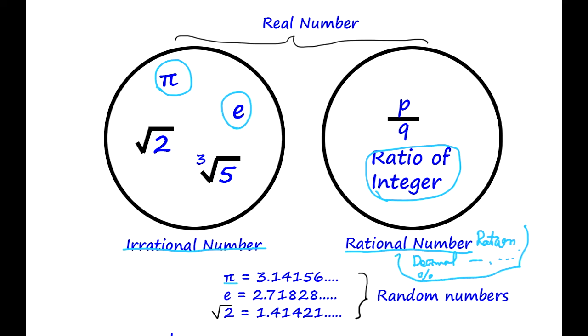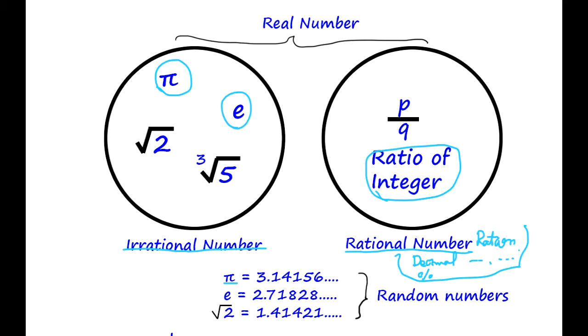Say pi is 3.14156, and it keeps going. e is also 2.718, and it keeps going. The square root also just keeps going, random numbers, infinite times.